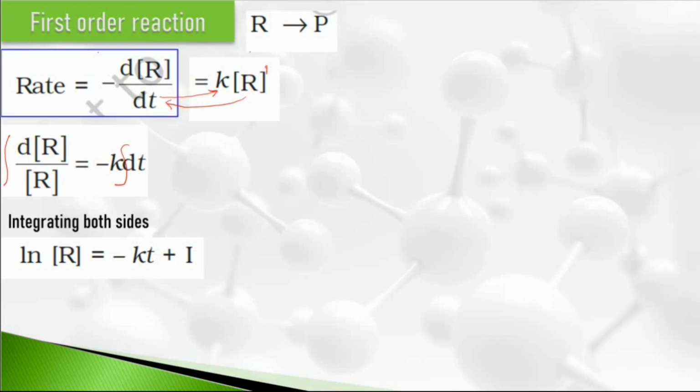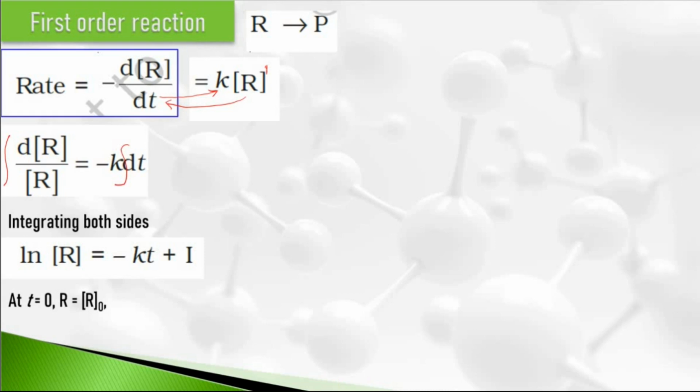If you remember from zero order reaction, the value of I can be found out by considering this reaction at a special time, that is at the beginning of reaction when t was equal to 0, the concentration of reactant was equal to initial concentration, that is at t is equal to 0, R is equal to R naught.